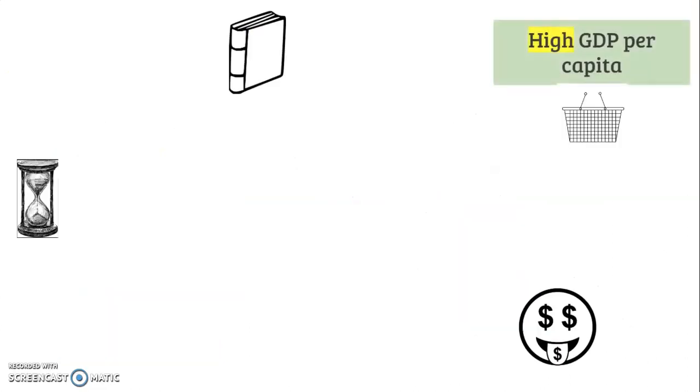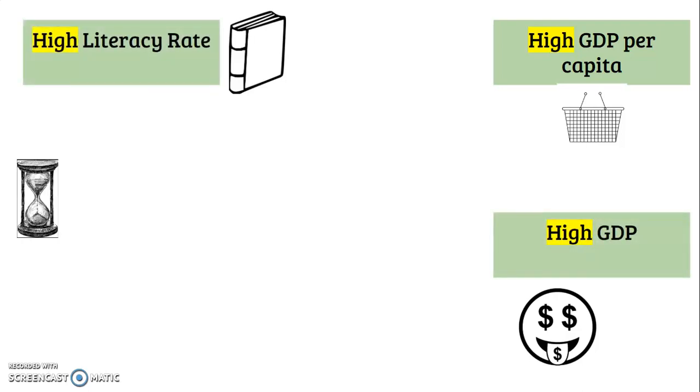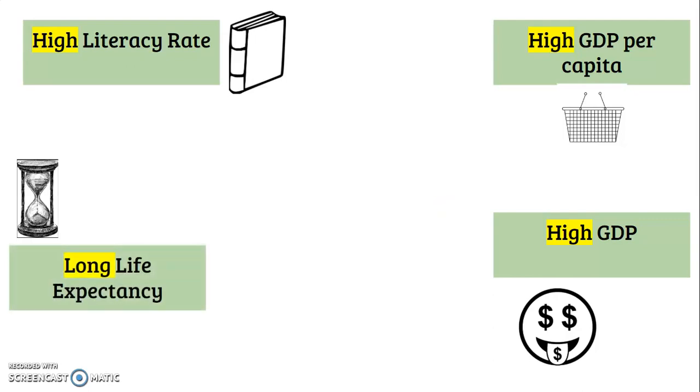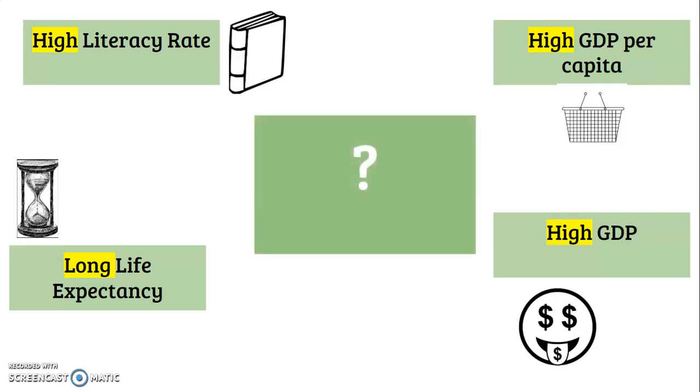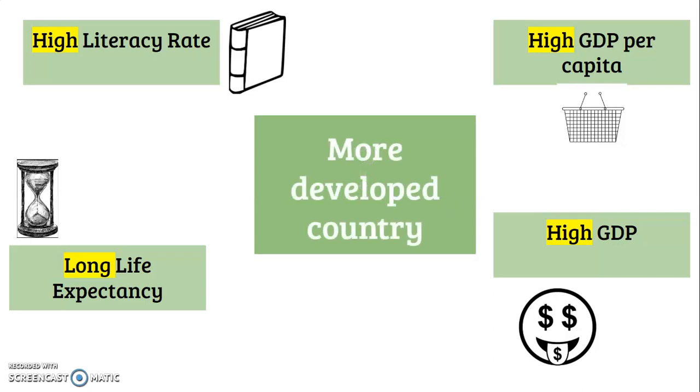If a country has high GDP per capita, high GDP, high literacy, and long life expectancy, would this country be more developed or less developed? Of course, it will be more developed because people will be making more money, their education level will be higher, and they're going to be living longer.